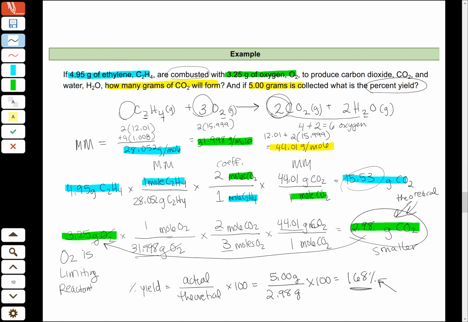So when you see deviations from perfection in the chemistry lab, note that they can give you results that are too big, and they can give you results that are too small as well. Bear that in mind.